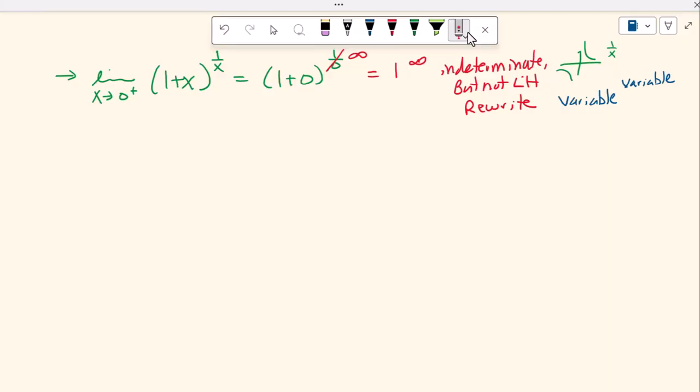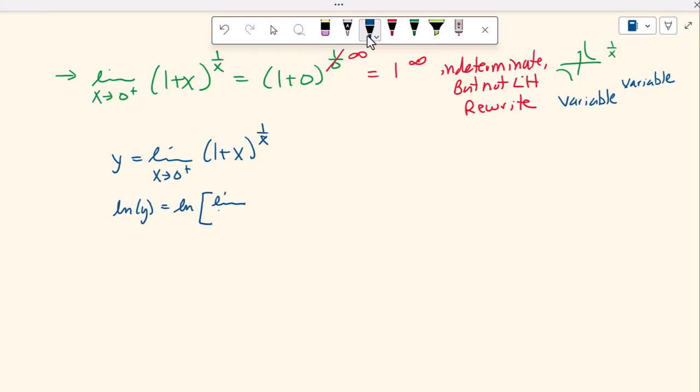It's very exciting. So what we do is we set our limit equal to y, and then because I want to get that out of the exponent, I take the natural log of both sides. Okay, now this is a neat little trick.